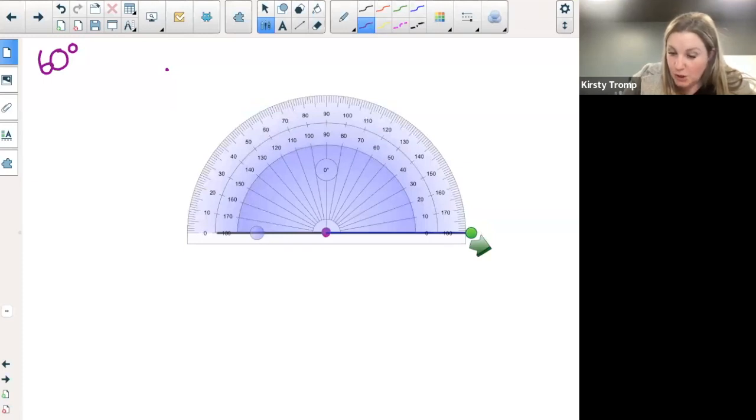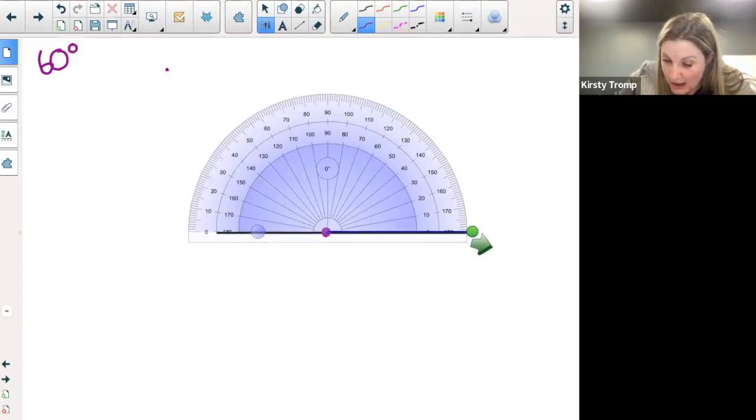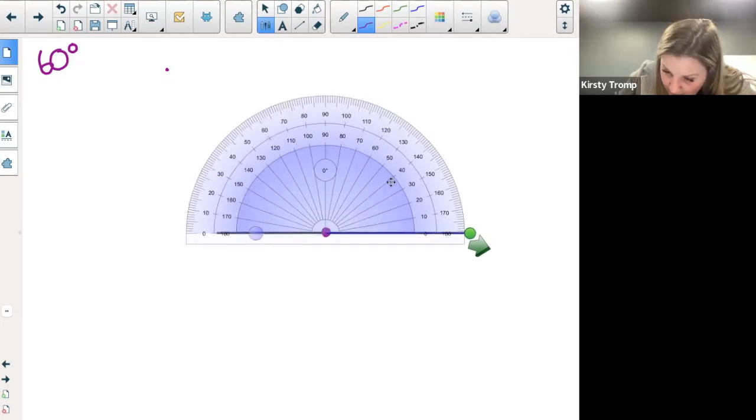Okay, so I'm going from 0, so where my little arrow is here, all the way to 60. Now on the outside, I've got there 180, 170, 160, 150. That's not going to help me. So I'm looking at these numbers that are on the inside here. So 0, 10, 20, 30, 40, 50, 60.